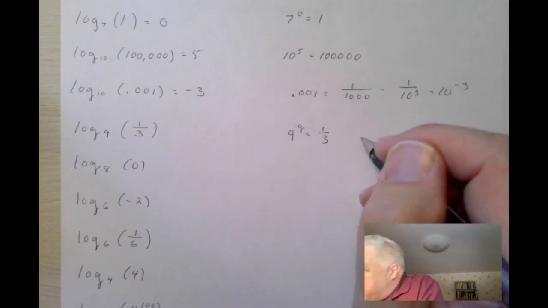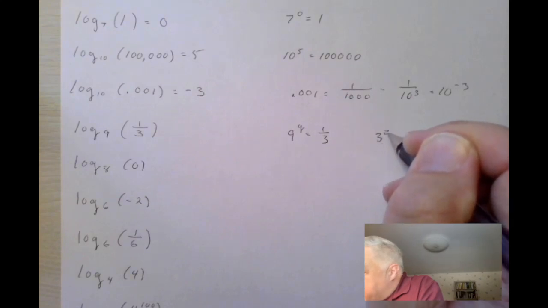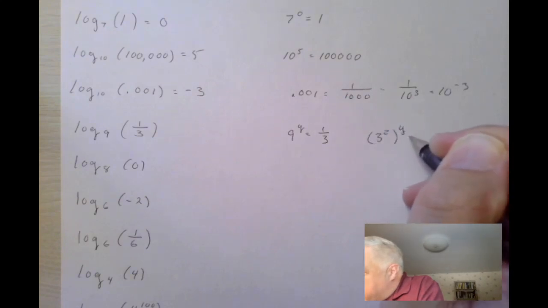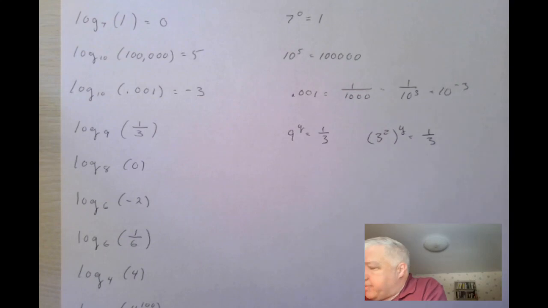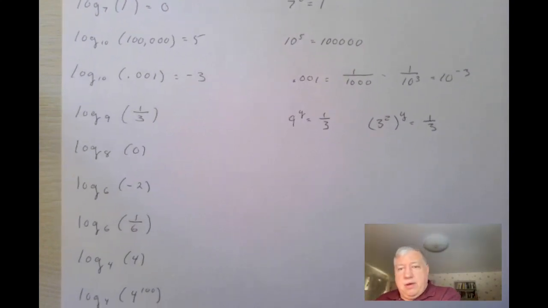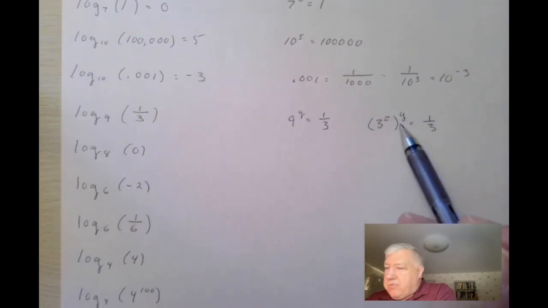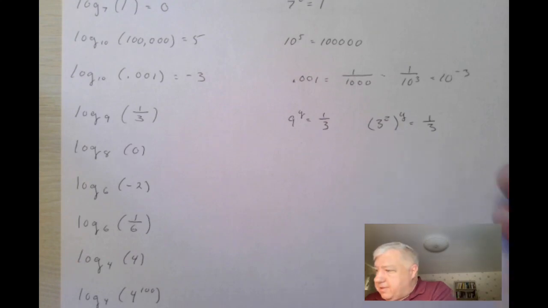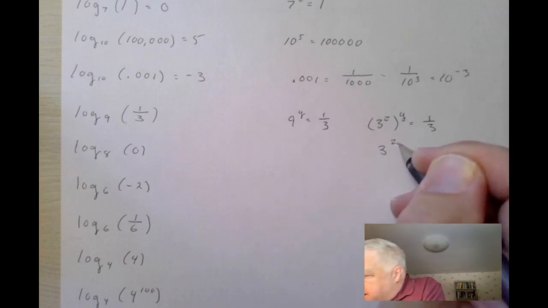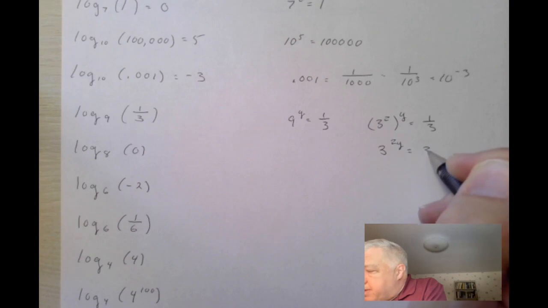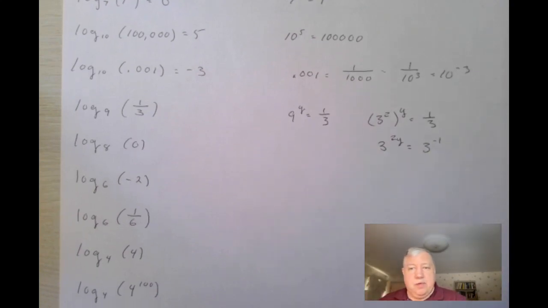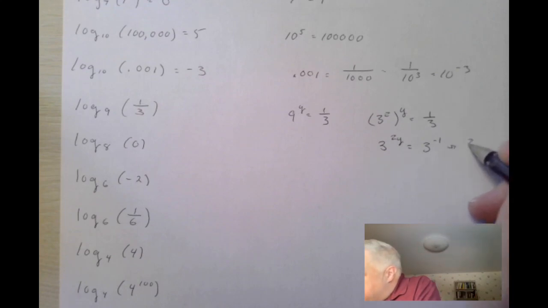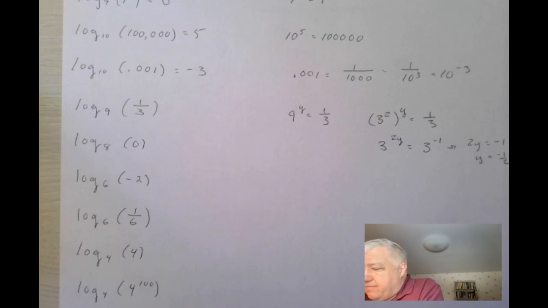Well, 9 is 3 squared, and from our properties of exponents we can multiply these out. So this is 3 to the 2y, and this is 3 to the minus 1. So 2y is equal to minus 1, so y is in fact negative 1/2.